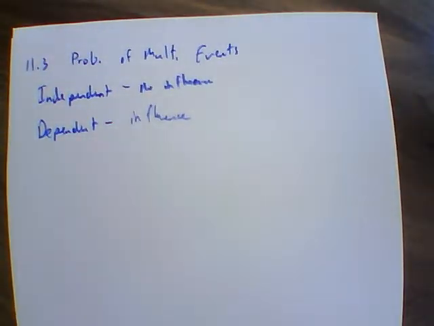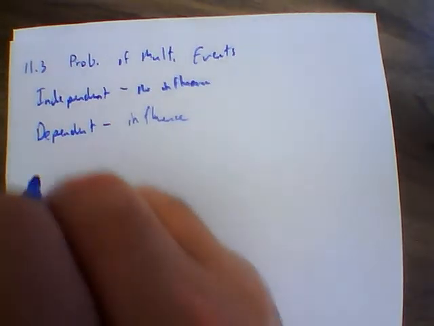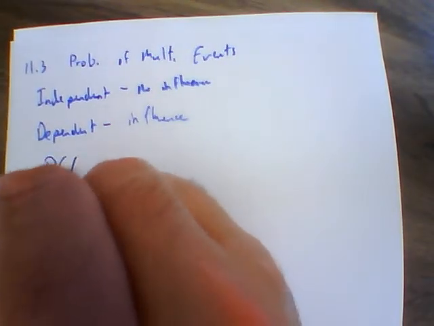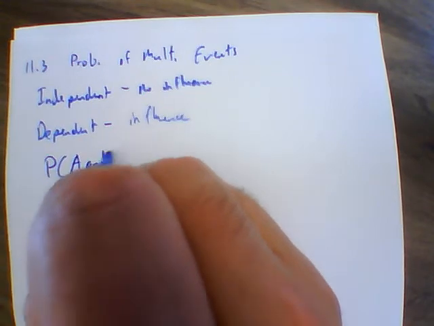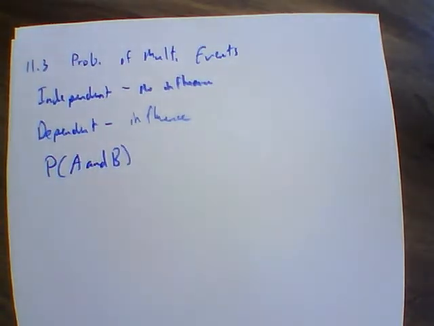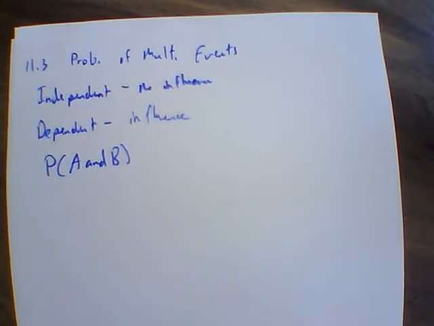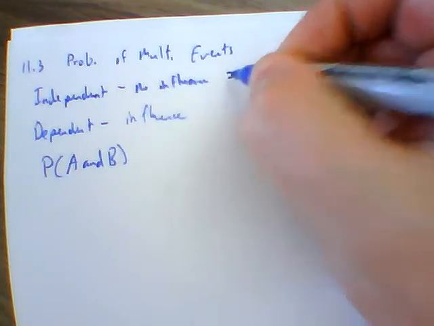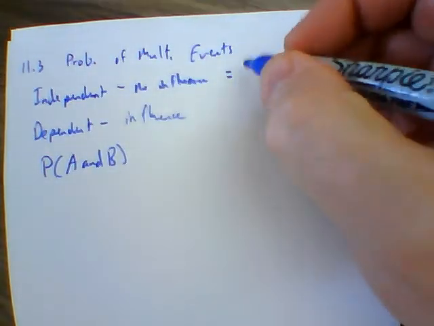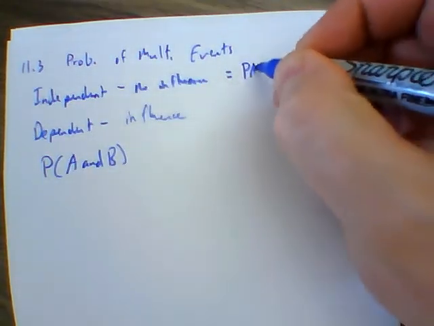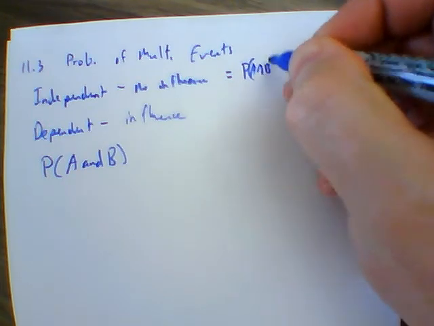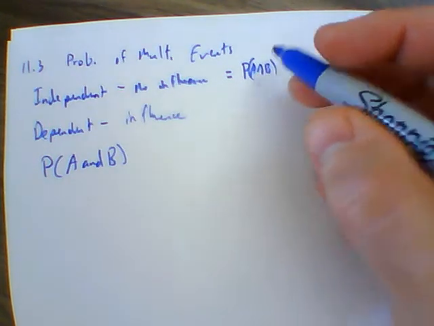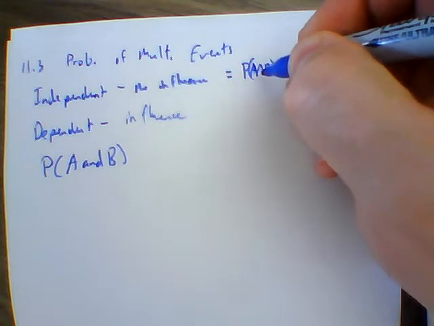Okay, when we talk about independent and dependent events, we talk about the probability of A and B happening. So if we come up here, I'm just going to write it so you can see here. For independent events, probability of A and B, I'm going to use my symbol for and, once again going back to our intersection of sets.